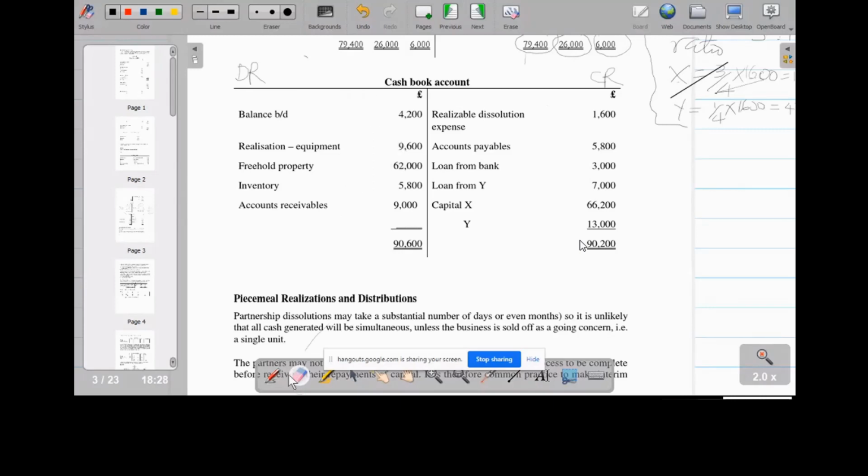So here we had the opening cash, because you can see we have not realized cash, which was 4,200. Then we have equipment, 9,600. We had freehold 62.